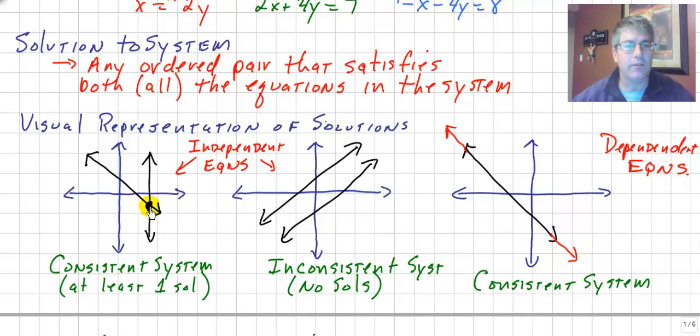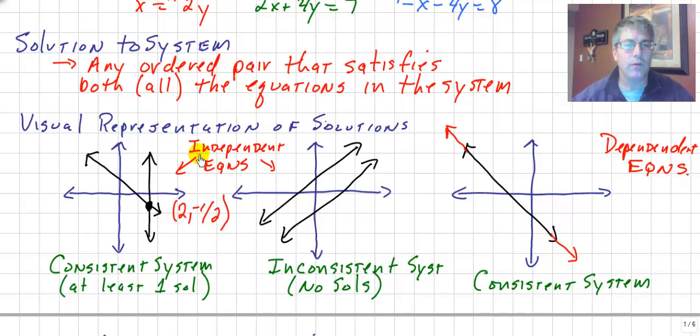That point of intersection would be the solution, that ordered pair, x and y, whatever that may be. It looks like here the x seems to be 2, and the y seems to be approximately -1/2. So that would be the solution to that system.